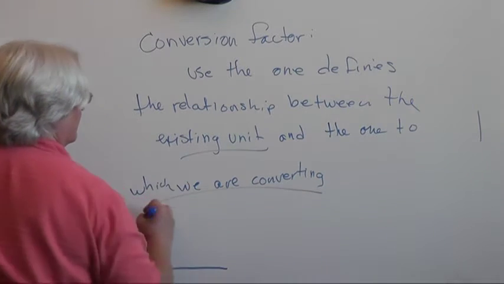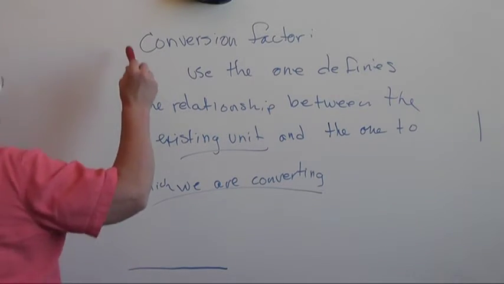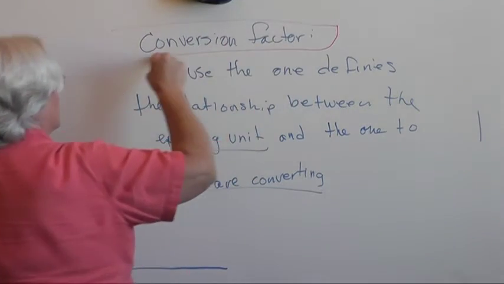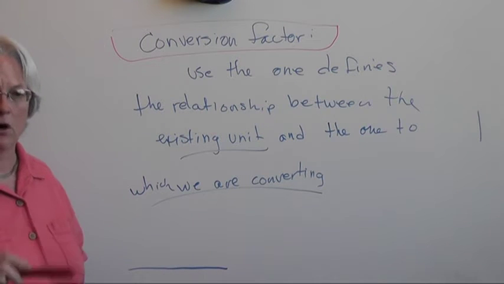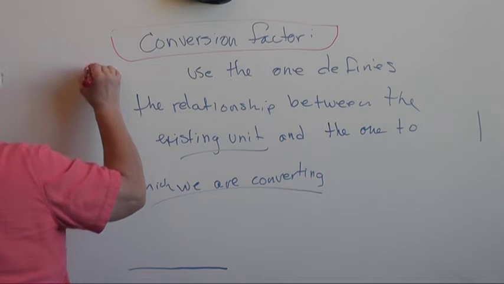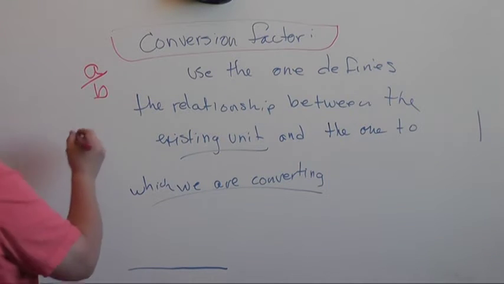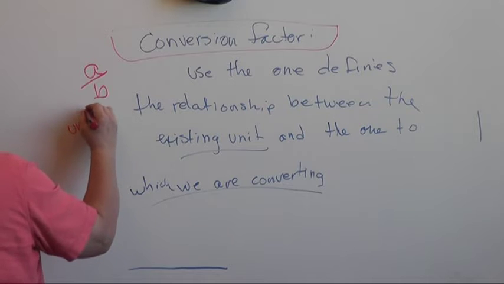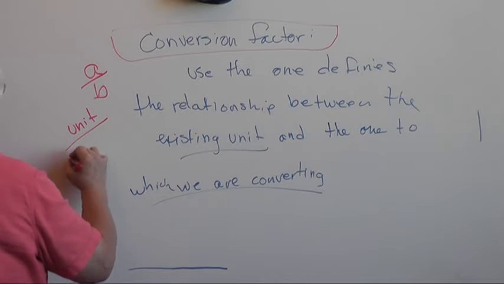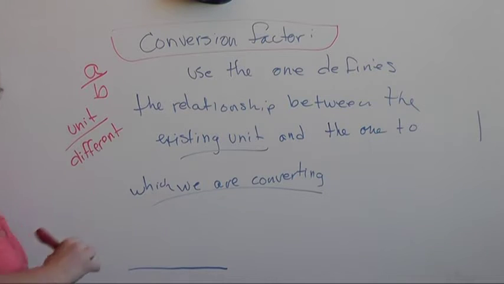...which we are converting. So what we have here, conversion factor. A conversion factor is always going to be a ratio. It's going to be a fraction, something A over B. And with the conversion factor, it's always going to have one unit in the numerator and a different unit in the denominator.